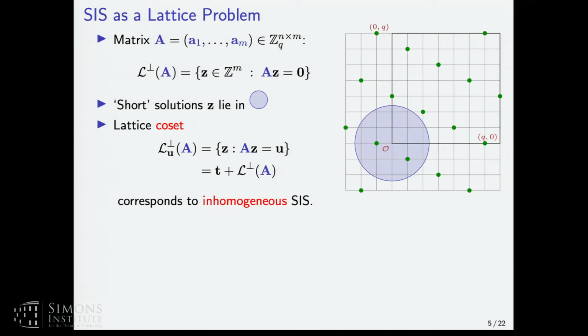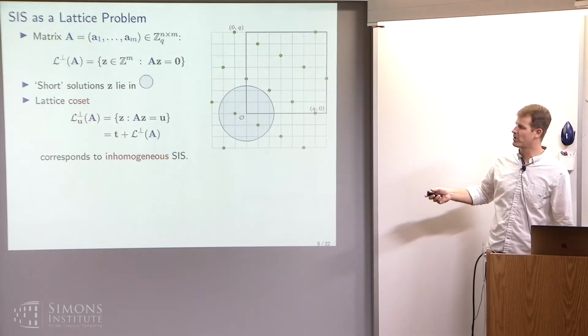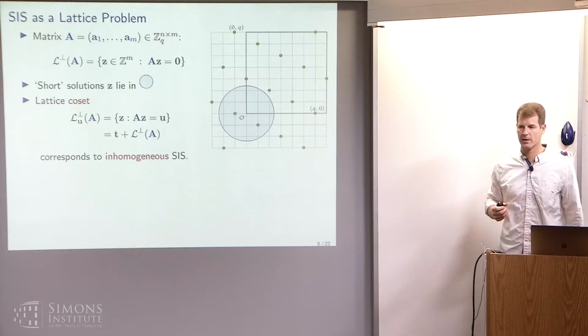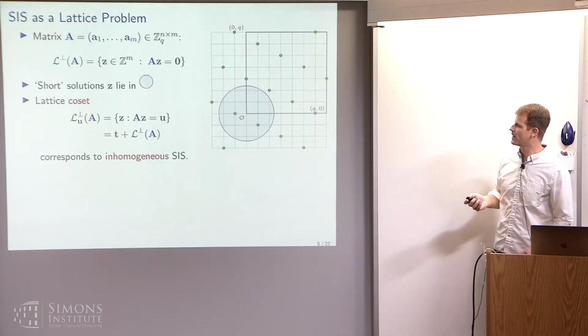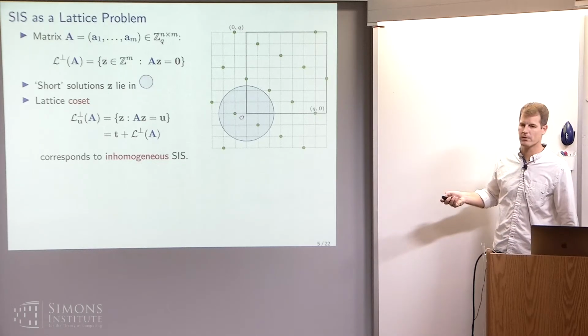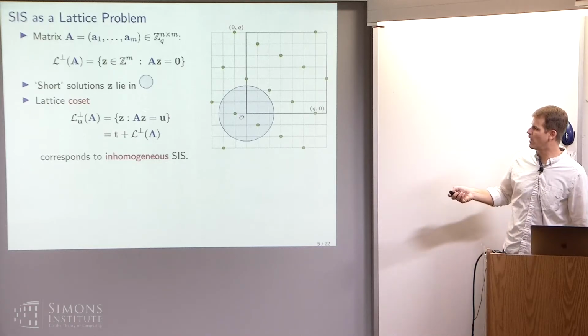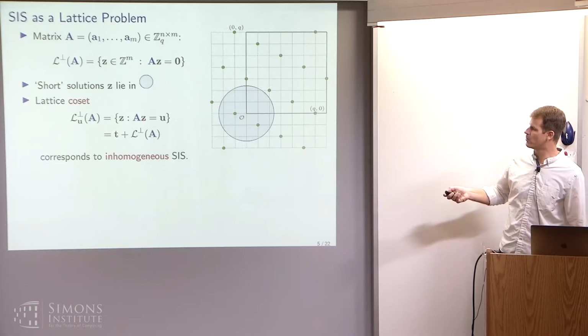We use this notation: L-perp sub U is the set of all integer vectors where AZ equals U. So U equals 0 is the actual lattice, but if you choose some non-zero U, that corresponds to a non-zero shift of the lattice. That can be seen as the set of the original solutions plus a particular solution, where U equals A times T.